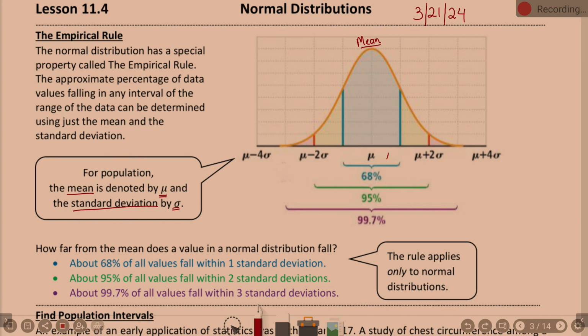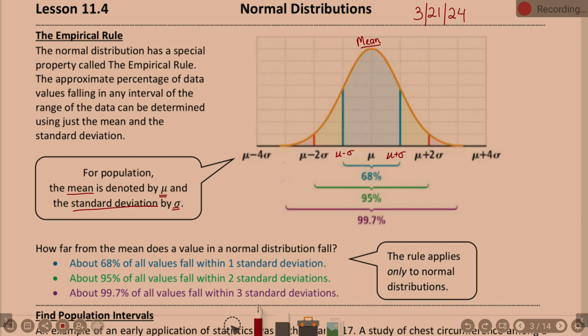If you wrote it in, it would be mu plus sigma, or in other words, the mean plus one standard deviation. To go to the left, it would be the mean minus a standard deviation. So you're adding or subtracting, going one standard deviation away.